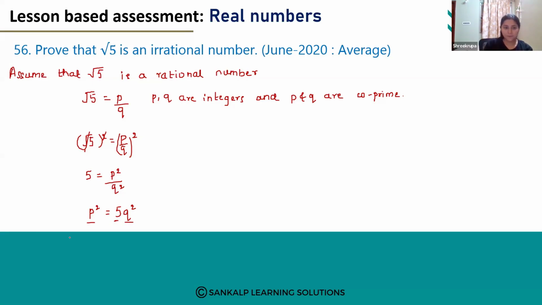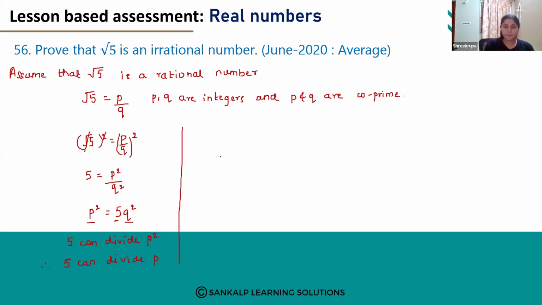So we can say 5 can divide P square. If 5 can divide P square, then 5 can also divide P. If a number divides the square of an integer, then it can also divide that integer, correct? So 5 can also divide P here.